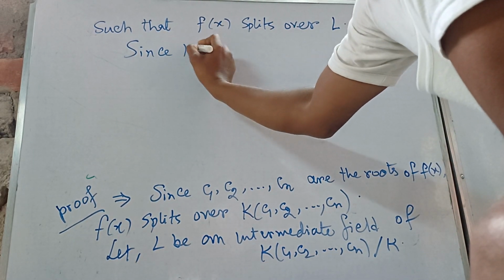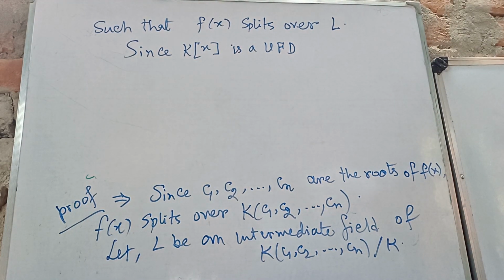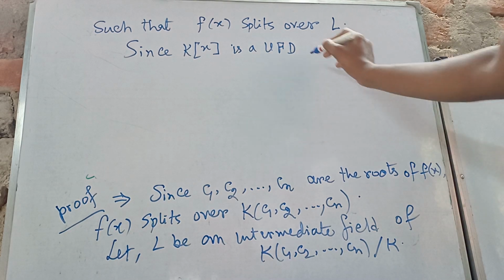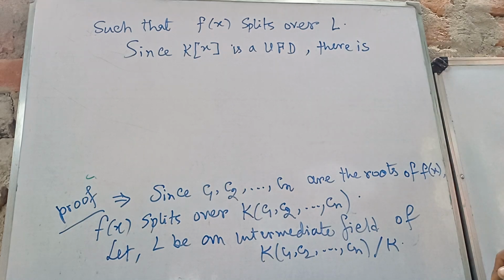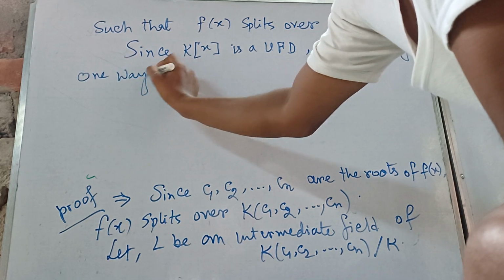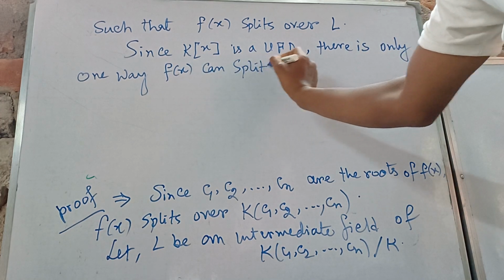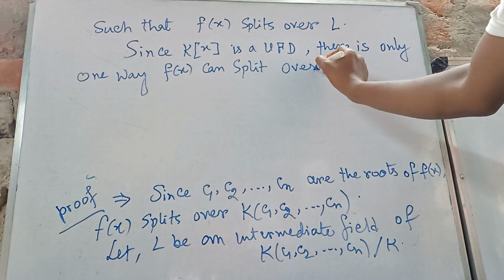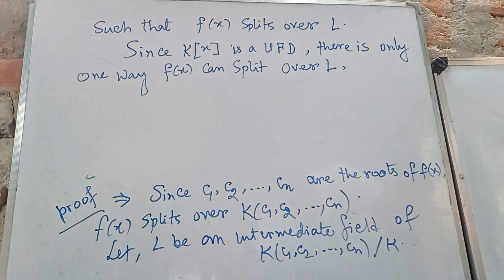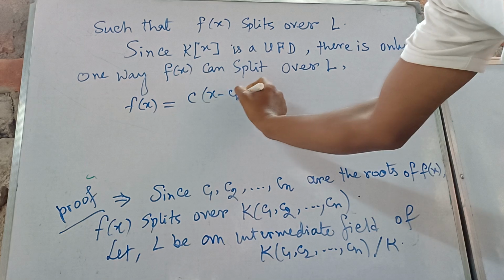Since K[x] is a UFD, a unique factorization domain, there is only one way f(x) can split over L. Now f(x) equals c multiplied by this one.